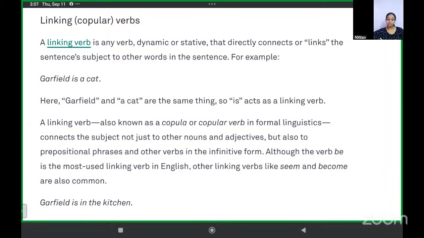Although the verb be is the most used linking verb in English, other linking verbs like seem and become are also common. Okay. So is, seem, become, be. They are all linking verbs which link a verb with any noun, adjective, prepositional phrase, or other verbs.